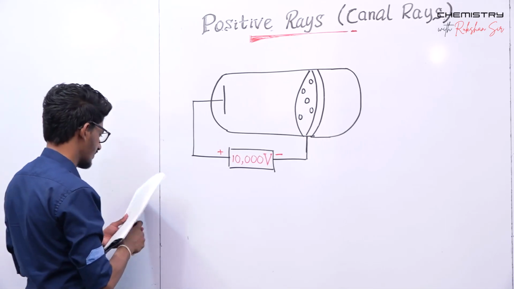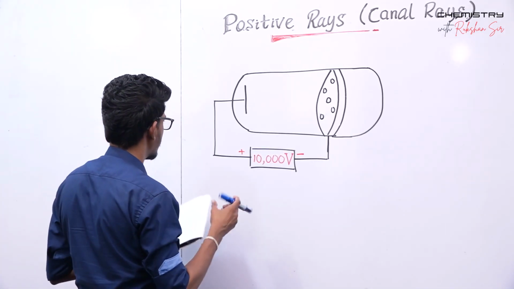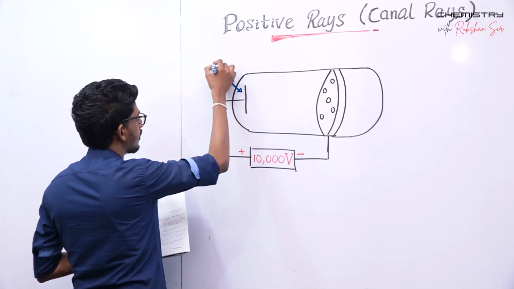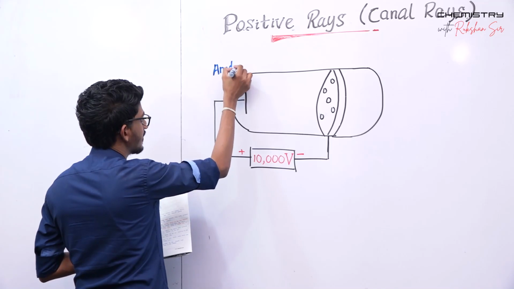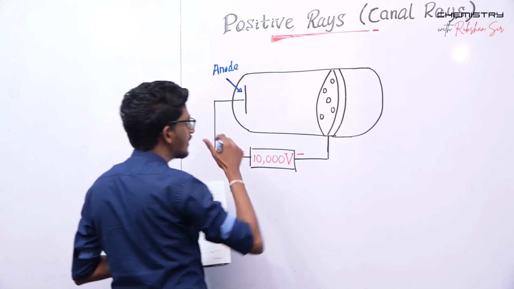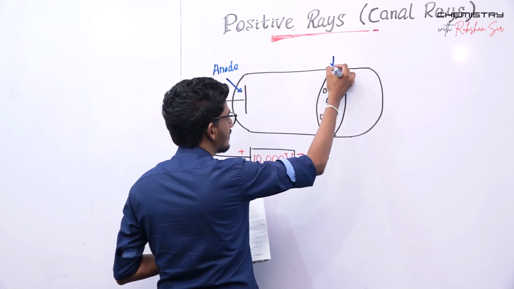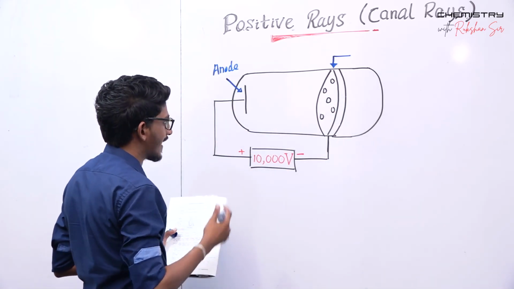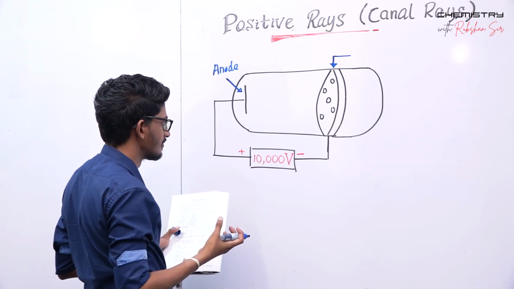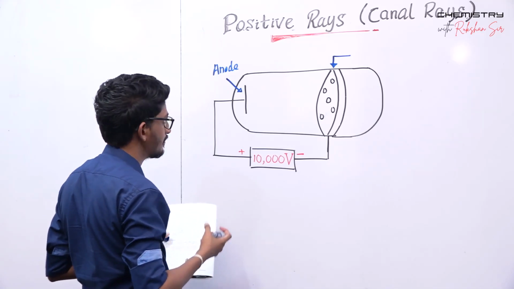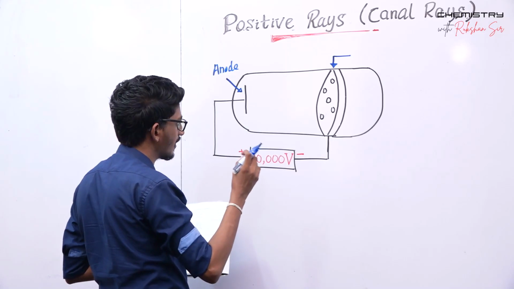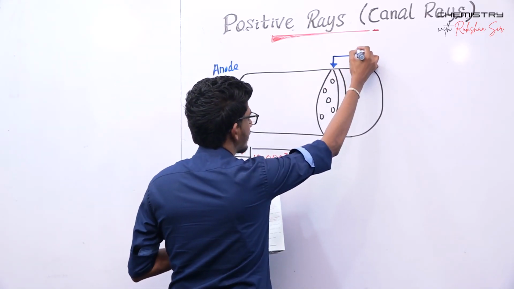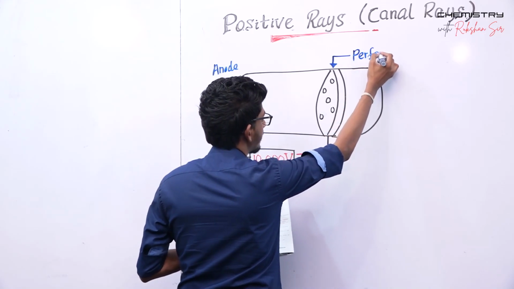This was the experimental setup which Goldstein made. Let's label it before discussing. This is the anode, which is connected to the positive terminal, and here you have the cathode, a special kind of cathode with some holes, some canals in it. So it is a perforated cathode.